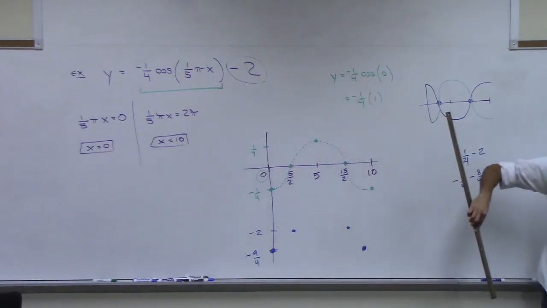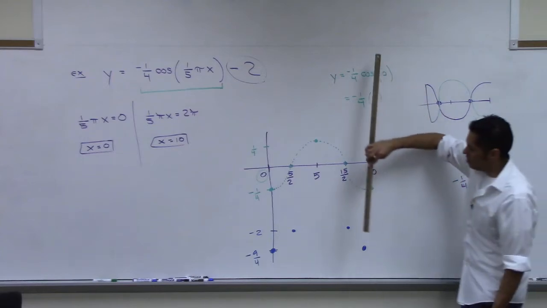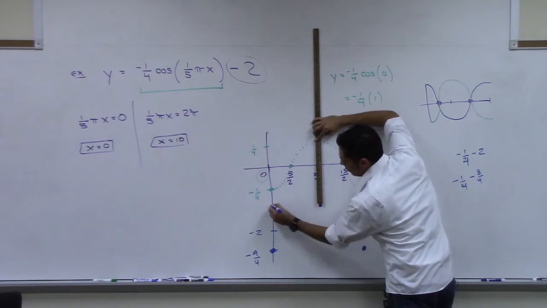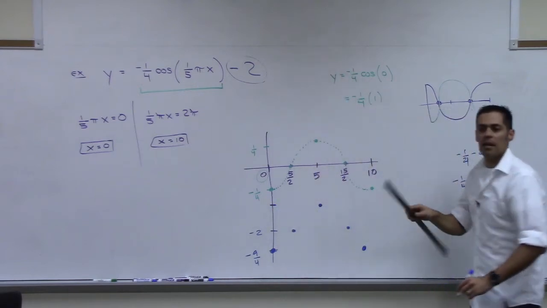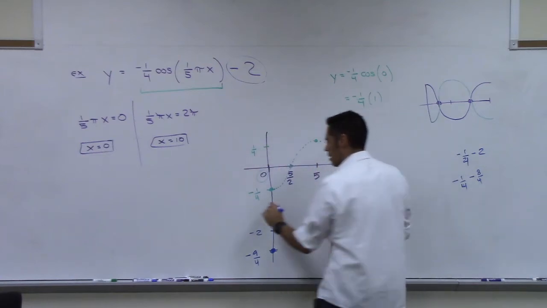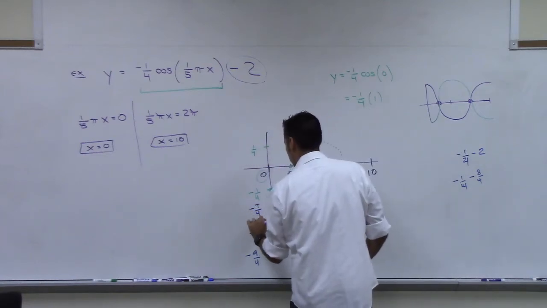Following me? We still need this point right here, which should come down to here, but what is its value? -7/4? So what you did is just did 1/4 minus 2. Okay, so -7/4.